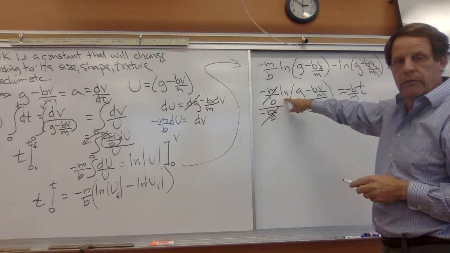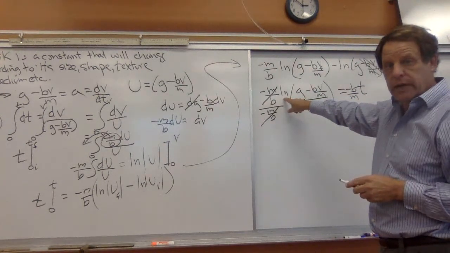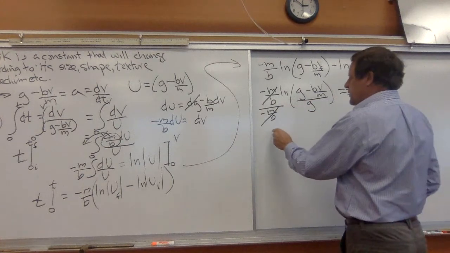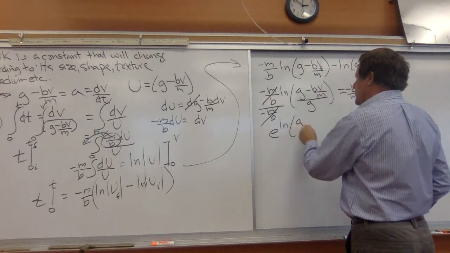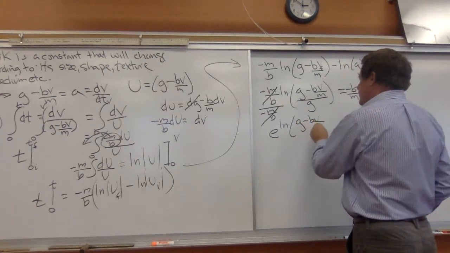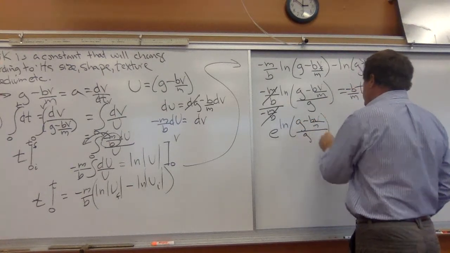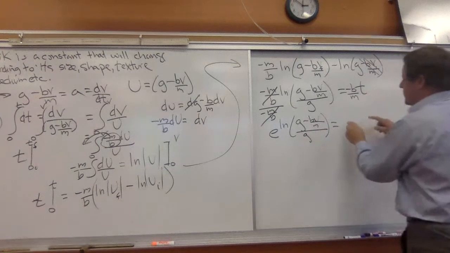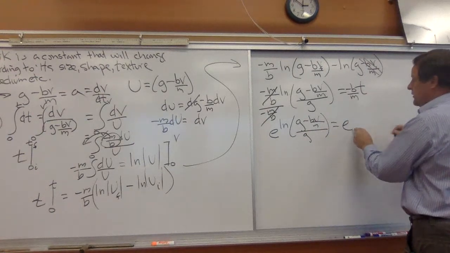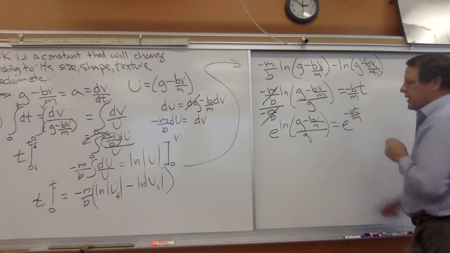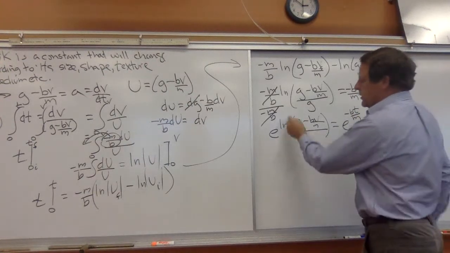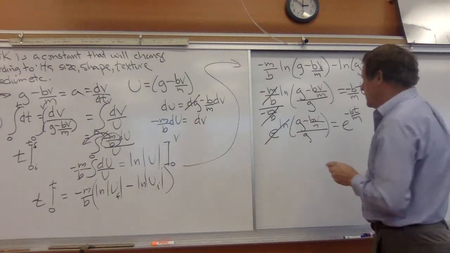Now what we want to do is get rid of this natural log, so we're going to raise e to the natural log of (g minus bv over m) all over g, and raise the other side e to the negative bt over m. Now, e raised to the natural log just goes away.